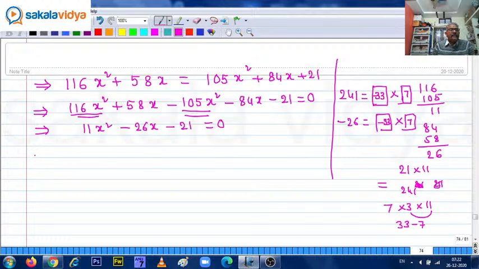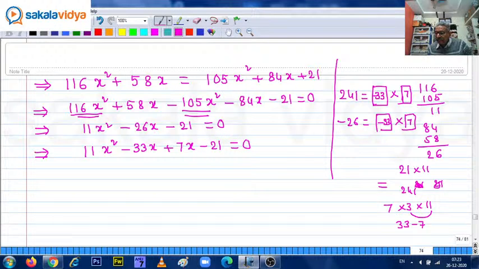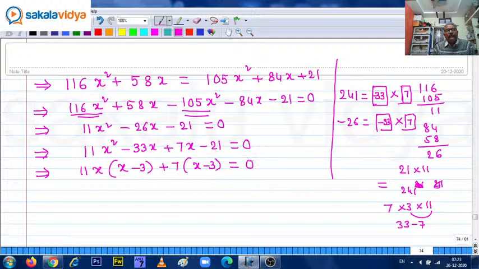So that means we can write 11x square minus 33x plus 7x minus 21 equals 0. So now 11x common, we have x minus 3, plus 7 common, x minus 3 equals 0.